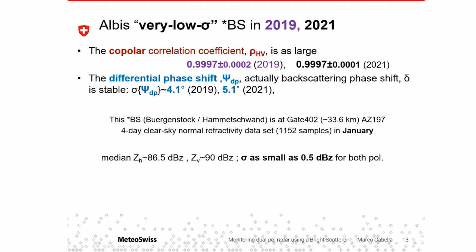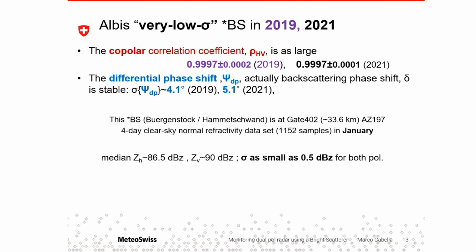At Albis, we were luckier, in the sense we still have the old original calibration unit. And the bright scatterer, as I showed in Toulouse, has a very small dispersion of ρHV. You see, it's 0.2 milliunit in 2019, 0.1 milliunit in 2021 for 4 consecutive days.